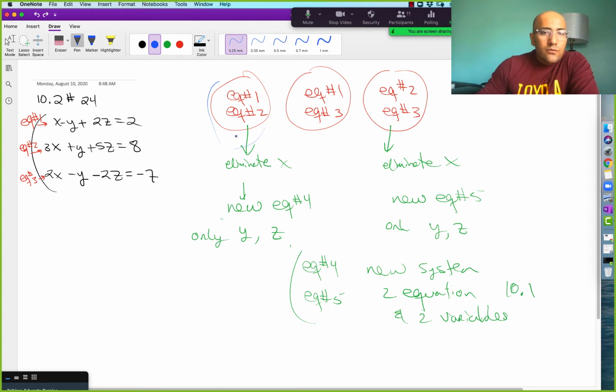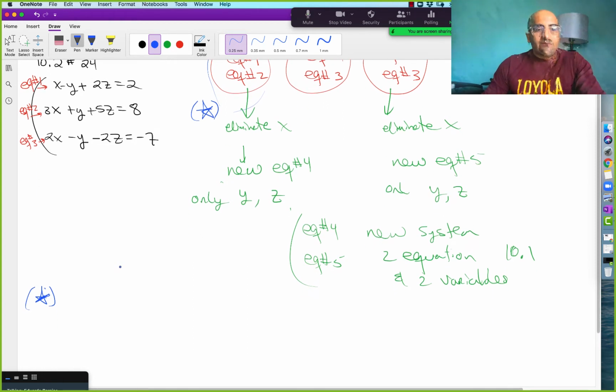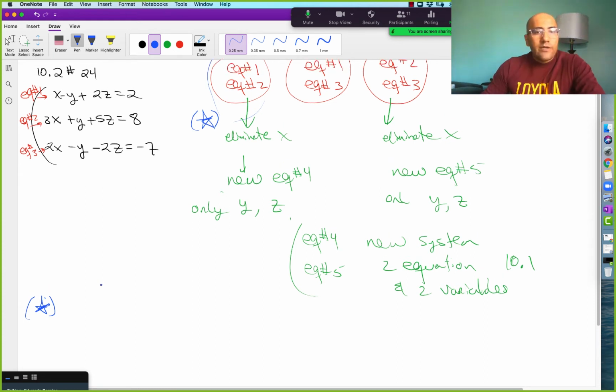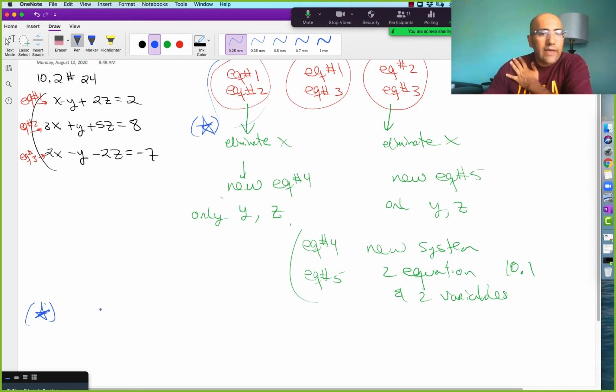So let's do the first part of this. Let's call this single star. Chapter 1, Section 1, single star. You've got to subdivide your problem if it gets really, really big. So in this one, I want to take equation 1 and equation 2 and somehow cancel out the x. So let me bring those over here. Equation 1 is x minus y plus 2z equals 2.